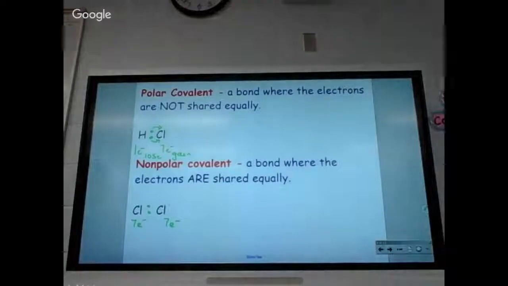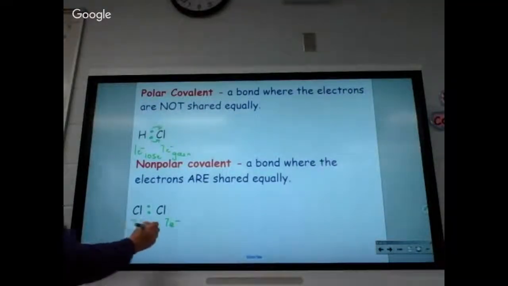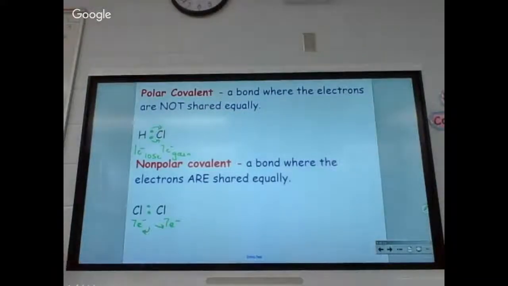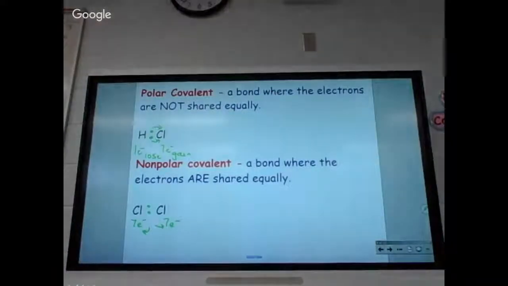This is sort of like, oh, we got cloned. This chlorine is pulling, and this chlorine is pulling. Are either chlorine stronger than the other chlorine? No. Picture Andy having a tug of war with himself. Andy 1 is tugging versus Andy 2. Would Andy 1 be stronger than Andy 2?